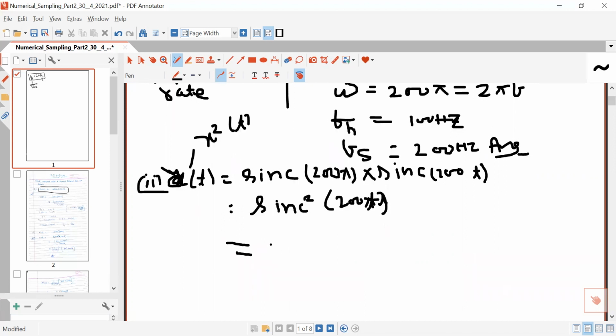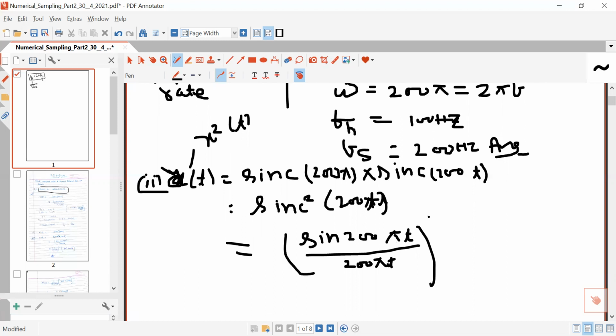And Sinc 200t means it is sine 200 pi t divided by 200 pi t. This is the meaning of Sinc 200t, and the whole square is here because this is Sinc square. So you have to take the square of this term.